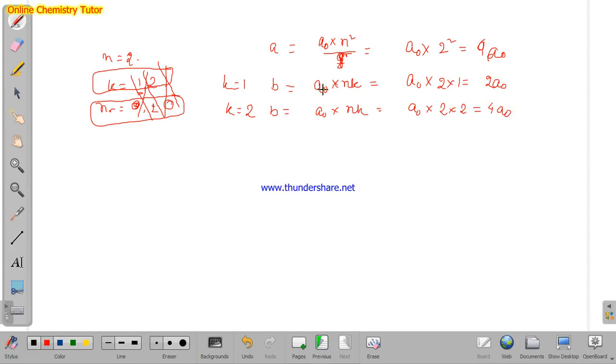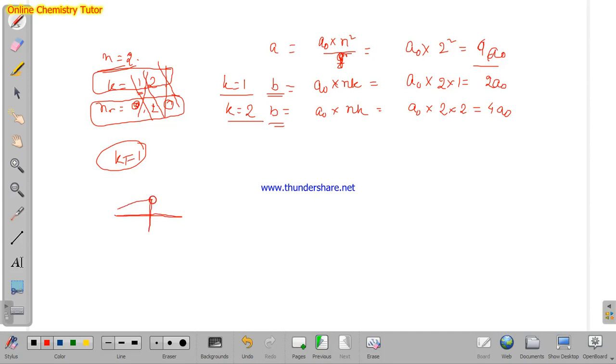So for n equal to 2, two different orbits come where the minor axis value will be different. For k equal to 1, the value of a is 4a0 and the value of b is 2a0, that is half of it, so a is 2 times b.